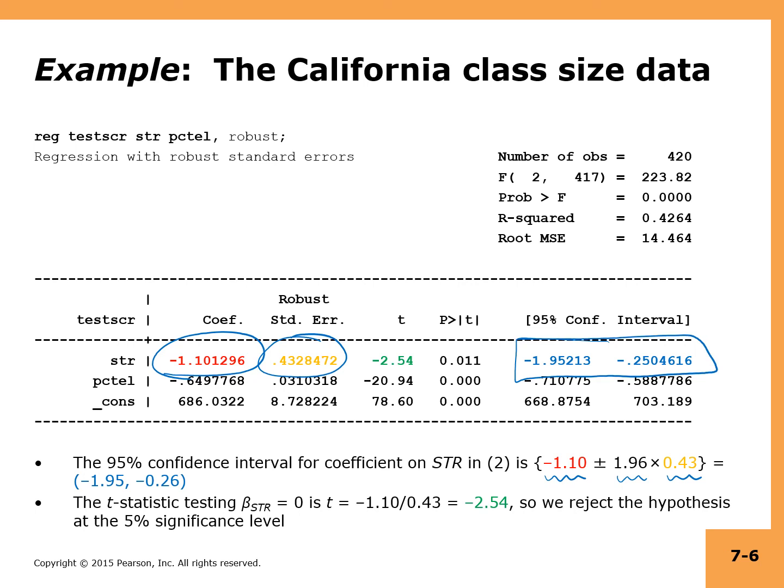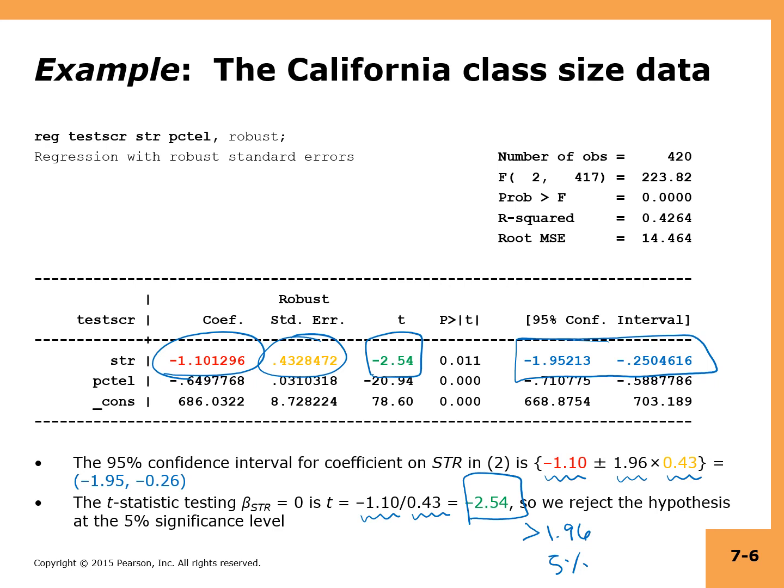In order to do the hypothesis testing, you need to calculate the test statistics, which is the coefficient divided by the standard error. And this is also given in the Stata output. And in this case, because the absolute value of the test statistics is greater than 1.96, which is our 5% significance level critical value, we reject the null hypothesis.